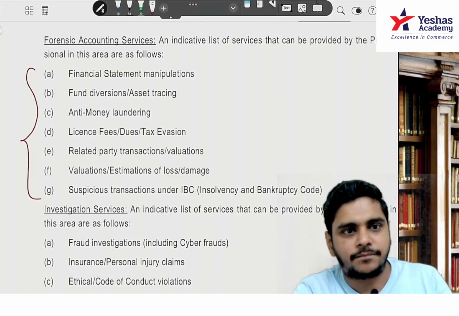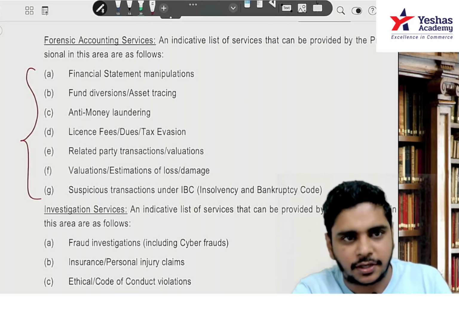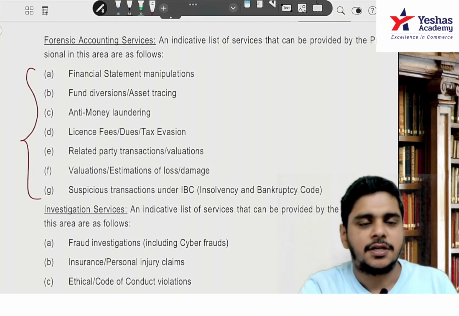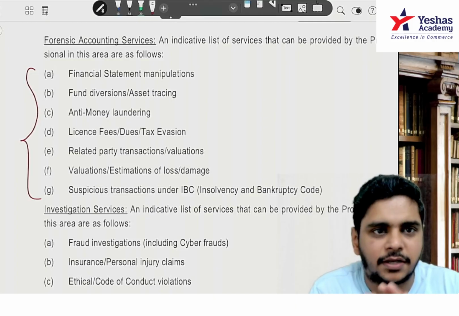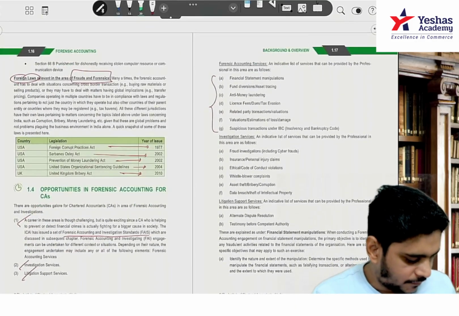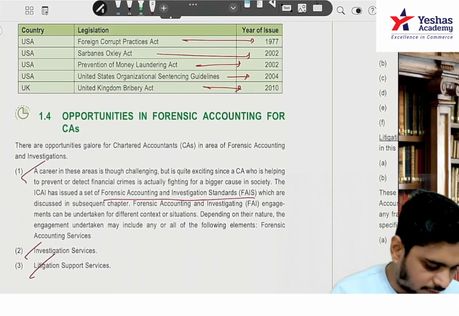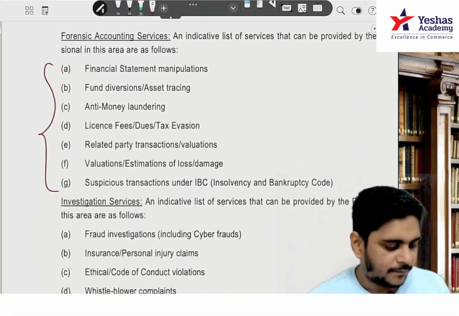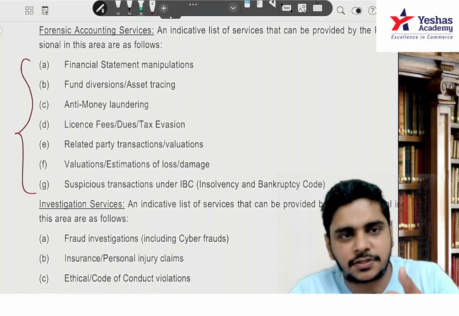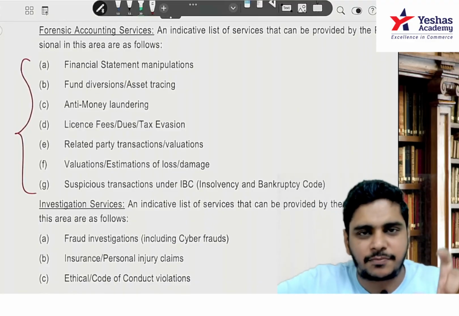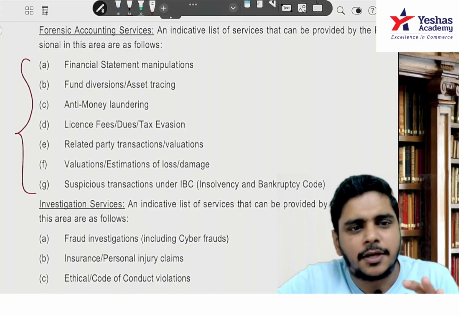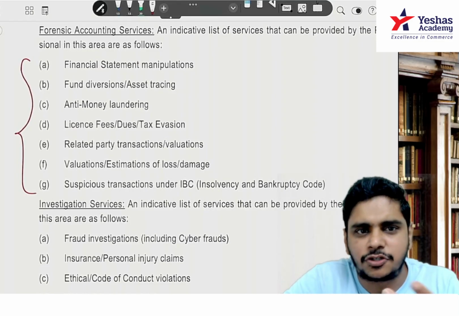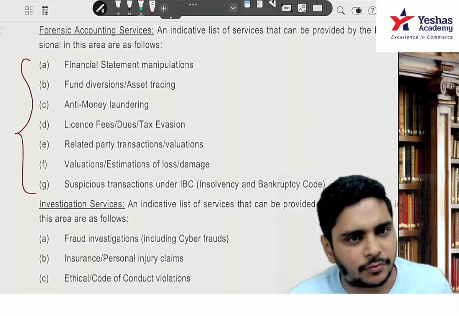Then anti-money laundering, license fees, dues, tax evasions. All accounts-related things come in forensic accounting services. So you will try to find out any financial statement manipulation, any fund diversion, related party transactions, anti-money laundering, license fees, dues, tax. Money-related things are in forensic accounting.